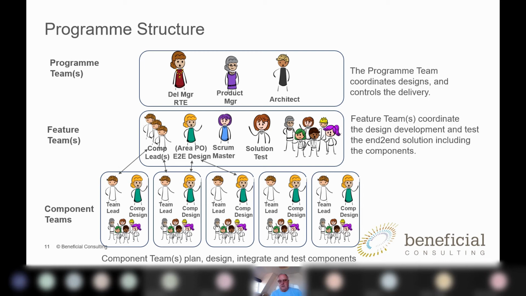So when you're looking at your team design, you're going to need to look at how everything is getting coordinated between the component levels, the feature levels, and the program levels. Okay, and just doing a big room planning doesn't always get there.